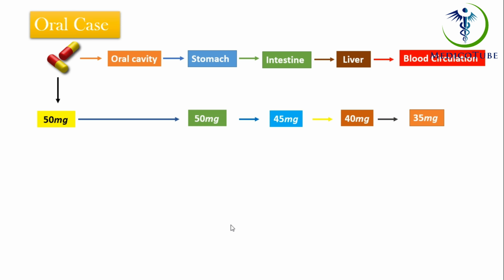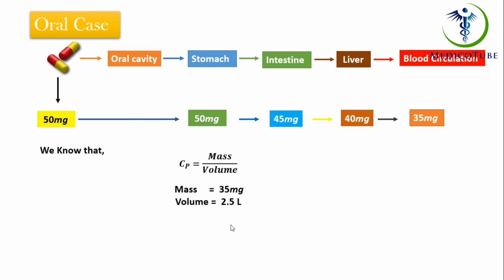So let's see via the equation. As we know, the concentration of plasma is equal to mass divided by volume. So what is the mass with us? Mass is 35 mg. As we administered 50 mg, but have only 35 mg in the blood circulation, that is our mass. And what is the volume?